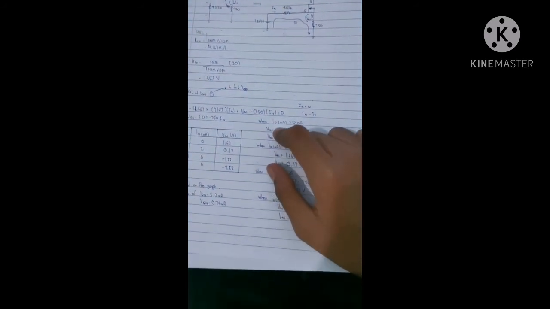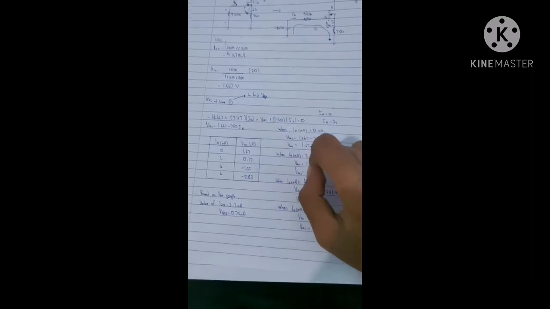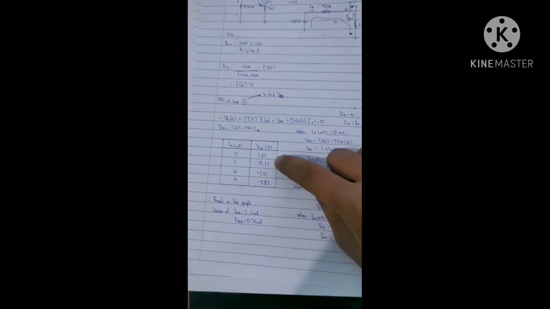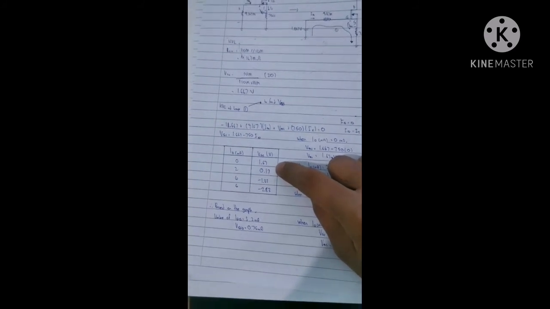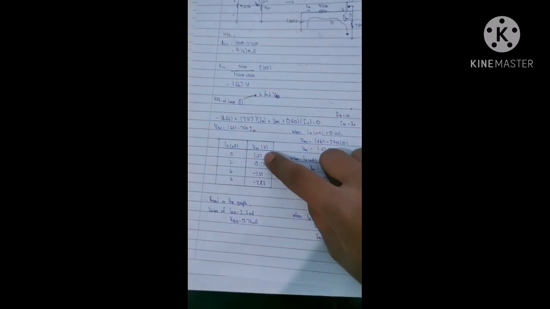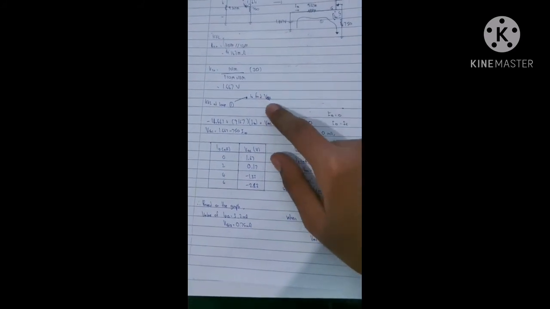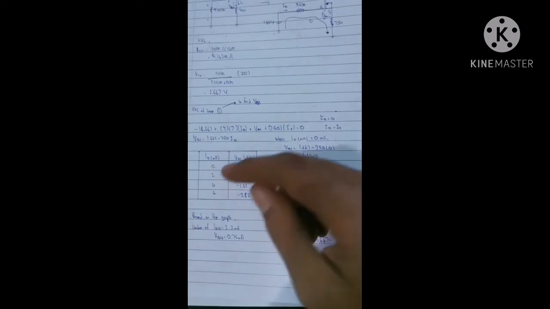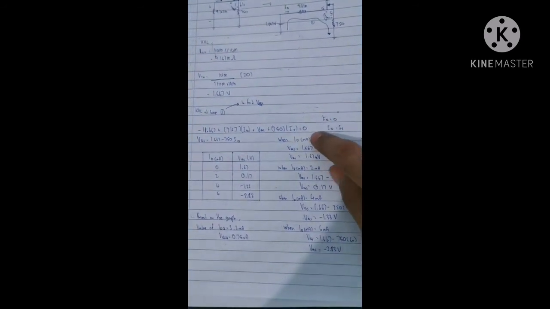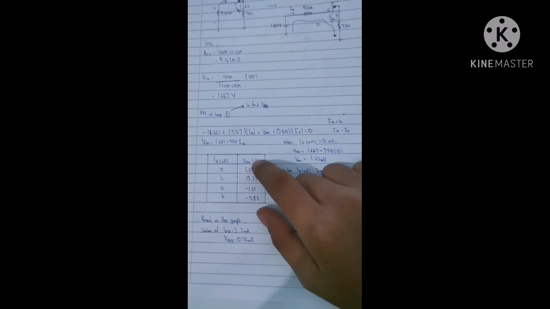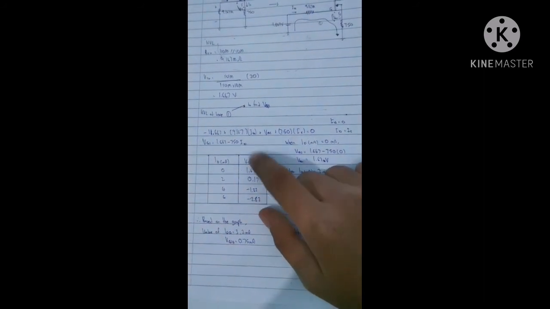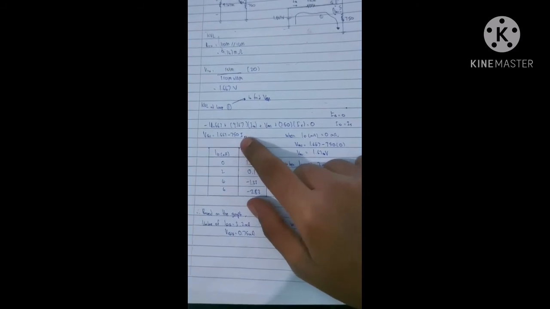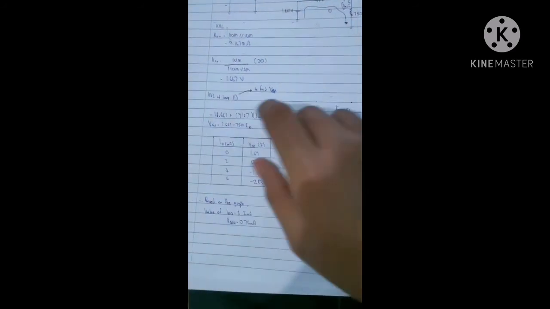After we perform KVL at loop 1, we can draw our linear graph table in order to find our VGS. When ID is equal to 0, 2, 4 and 6, we can find our VGS based on this formula, 1.67 minus 750 ID, which we obtained from the KVL at loop 1.